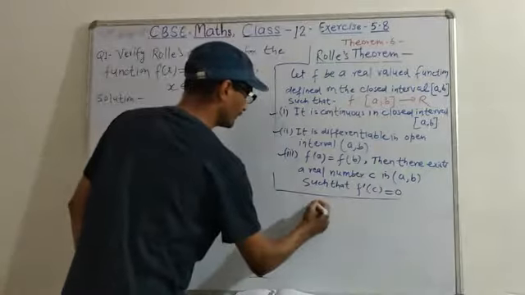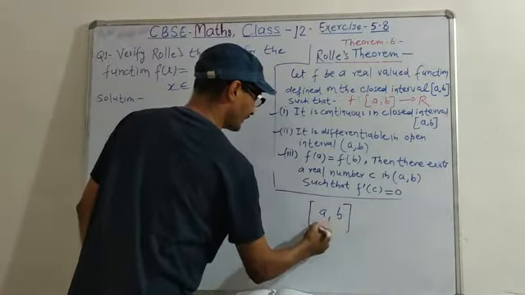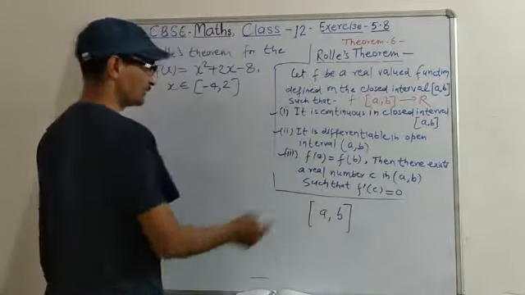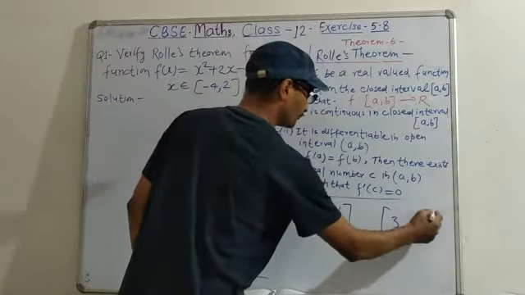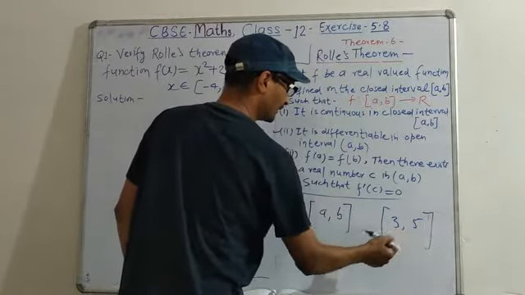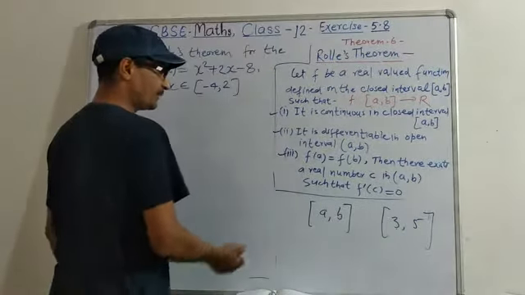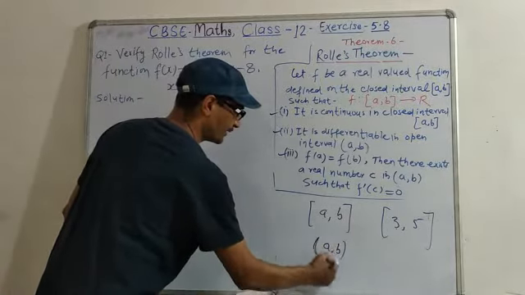Closed is the symbol of the square bracket. It may be a real number, that means we can include this value here. Suppose it is 3 and 5. Closed means we can take all the values 3, 4, 5, from 3 to 5. And open means if it is the round bracket, it is the open interval.